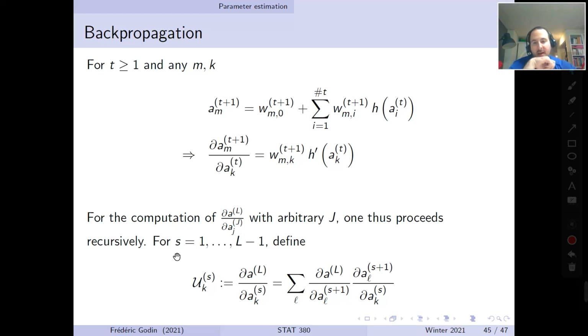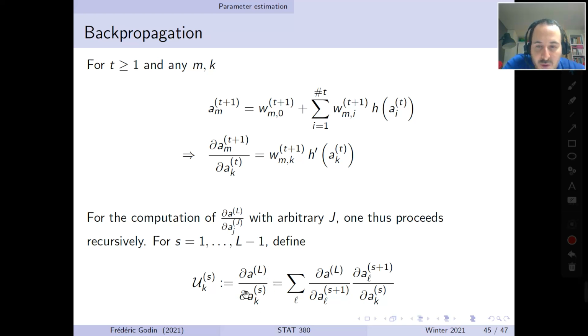Okay, so for that, let's define the following quantity. For s going from 1 until n minus 1, we're going to define U_ks being equal to the partial derivative of the last activation with respect to the activation a_ks. Here basically this is what we are seeking, and to get this we're going to use the chain rule.